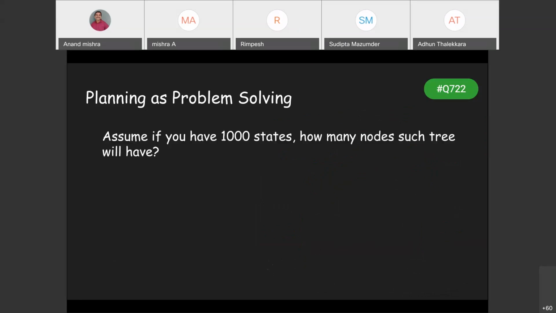But how many nodes will such a tree have? Anyone can answer? If you are talking about a thousand states, and you are trying to model all possible subsets of states, that will be 2 to the power 1000, and that's the problem. 2 to the power 1000 is like 10 to the power 300 or so, a very large number, and that typically becomes very unfeasible.